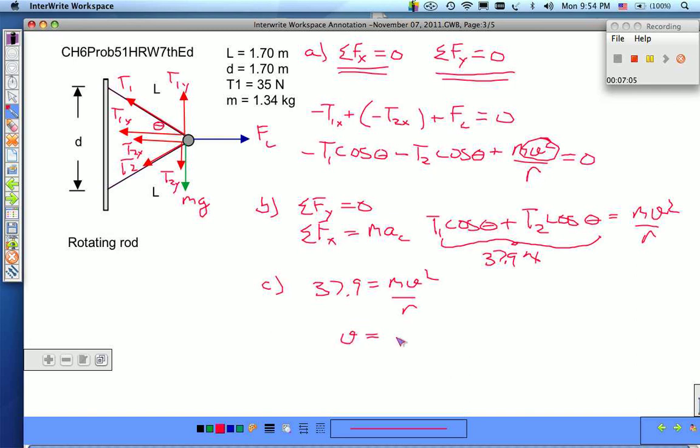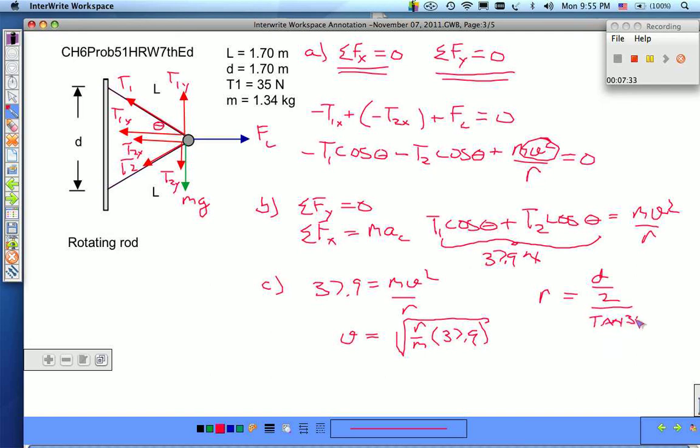The speed is the square root of r over m times 37.9. Now r you can find by using tangent theta. I'm going to solve for r here. The tangent theta is opposite over adjacent, therefore r is equal to d over 2, which is half that rod's length between the two attached points, divided by tangent 30.